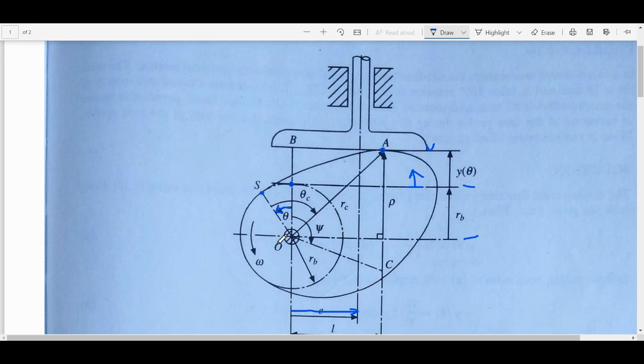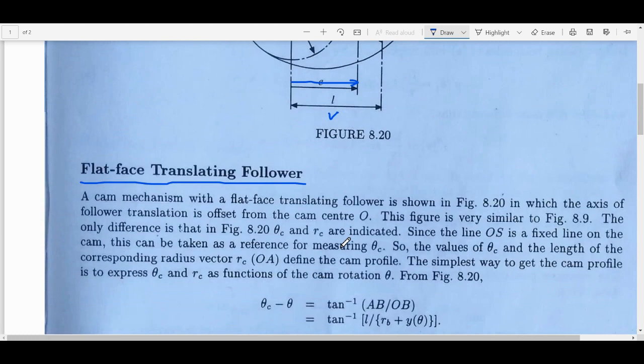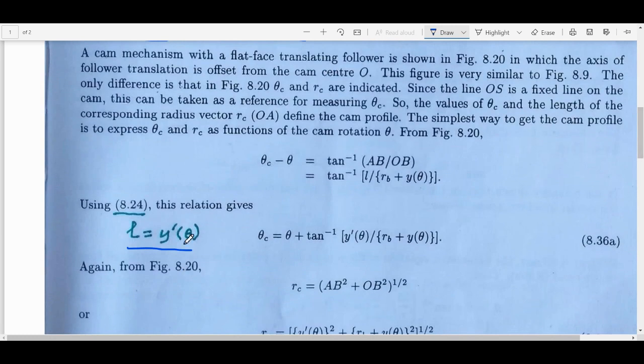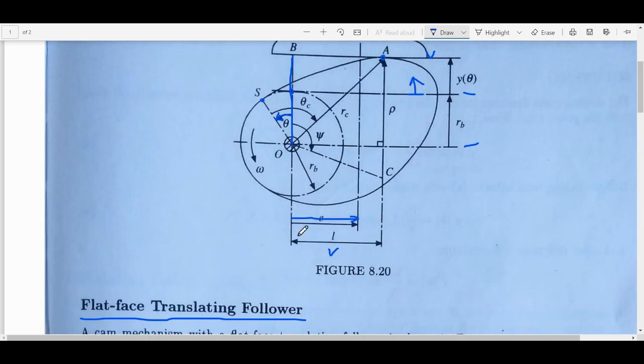It is a part of the cam design, and so this distance OB is here, RB plus y, and the distance AB is equal to L, is equal to y prime of theta, and the tangent of this angle, which is theta c minus theta, is something.